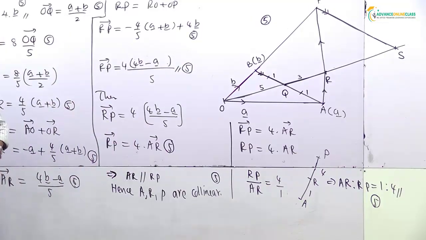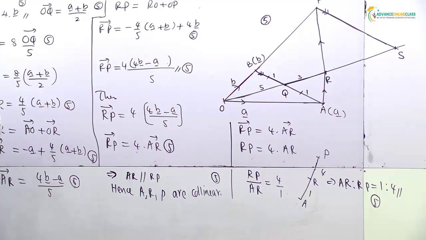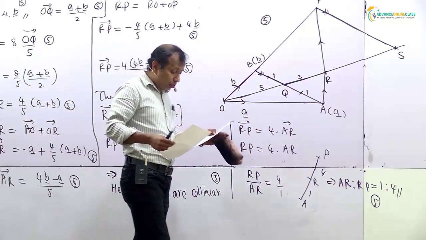Right, the last part. OS equals mu OQ, given.